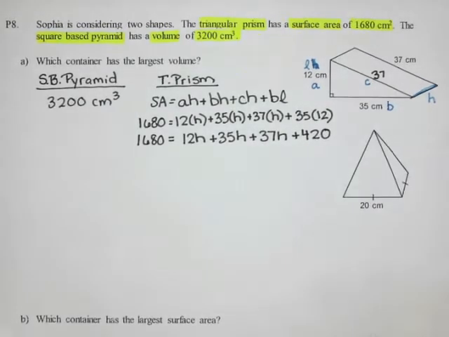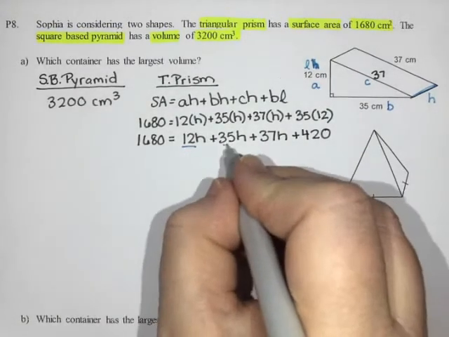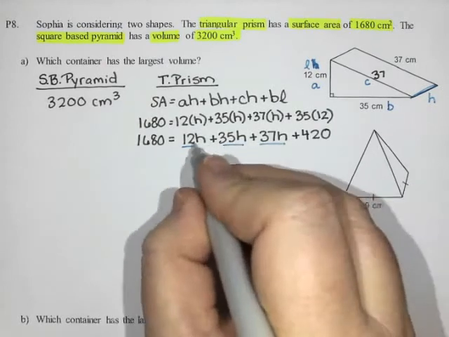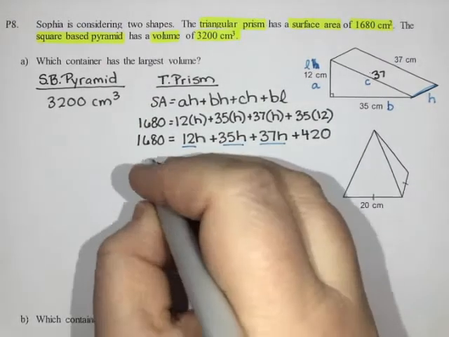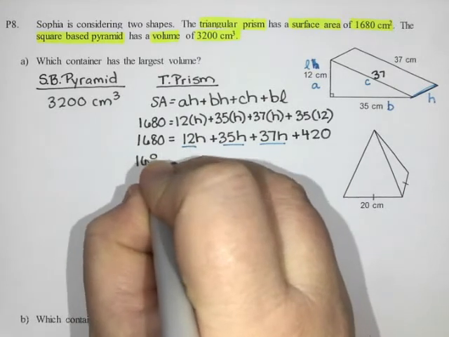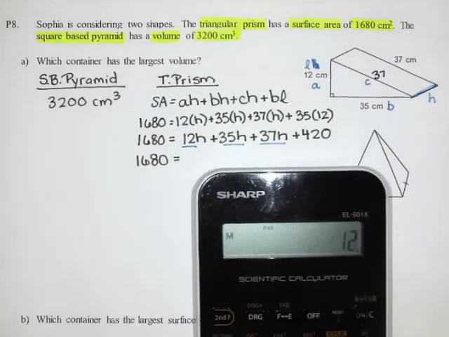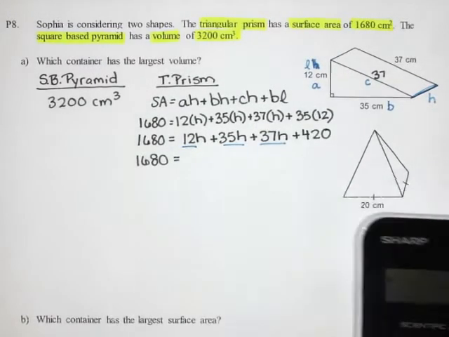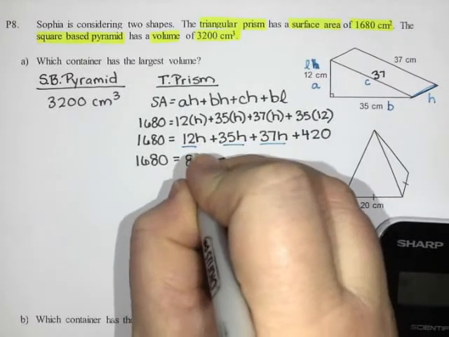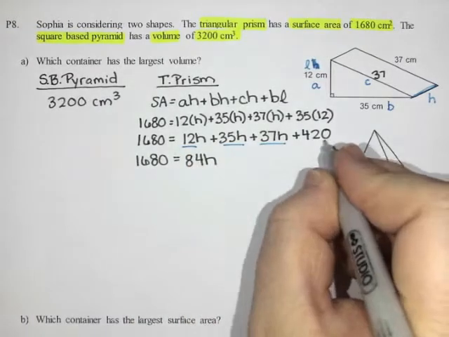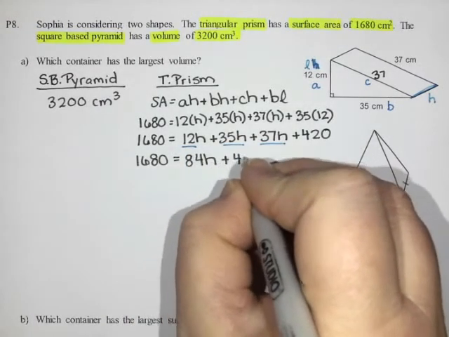Now I do notice that 12h, 35h, and 37h all have an h, which makes them like terms. So I'm going to add those like terms together. So 12 plus 35 plus 37 is 84. This is 84h. This was not a like term, so plus 420.